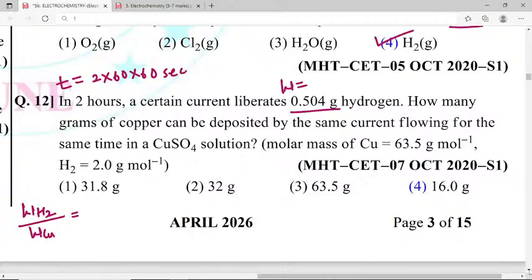So what is the mole ratio of hydrogen and copper? 1 by 1, whole divided by 1 by 2, and multiply by 2 grams for hydrogen, divided by 63.5 for copper.